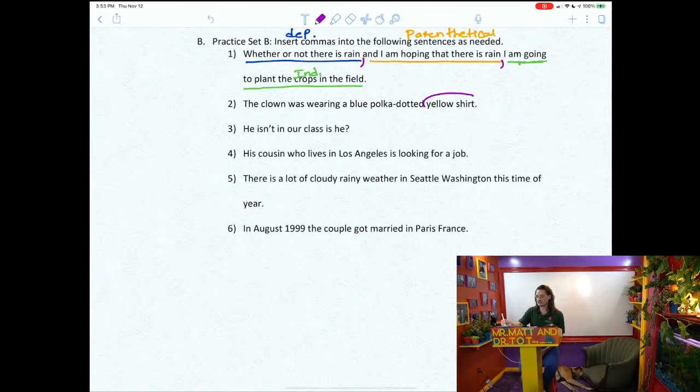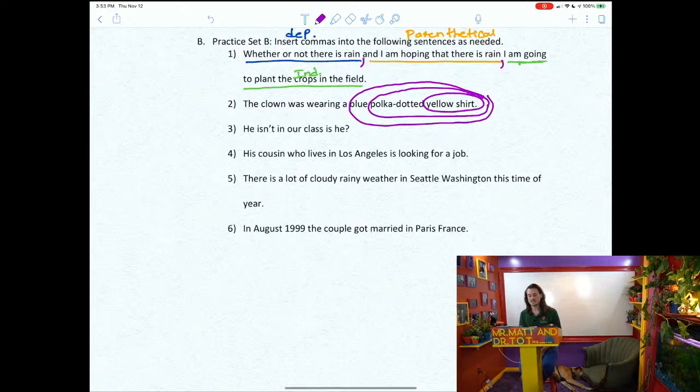Yellow is modifying shirt, polka-dotted is modifying yellow shirt, and blue is modifying polka-dotted yellow shirt. So because we cannot switch them around, we do not use commas, and so number two is actually correct.